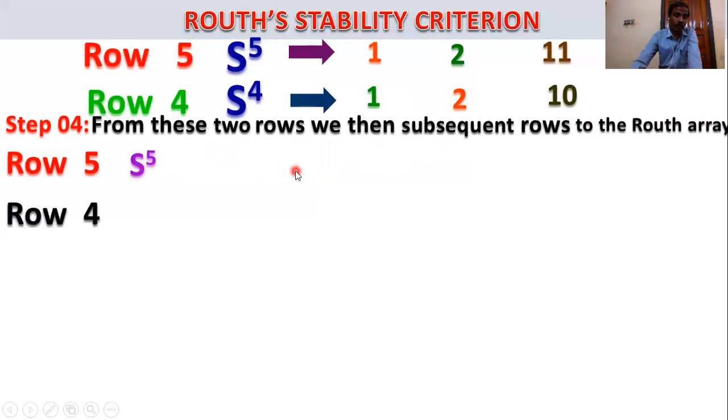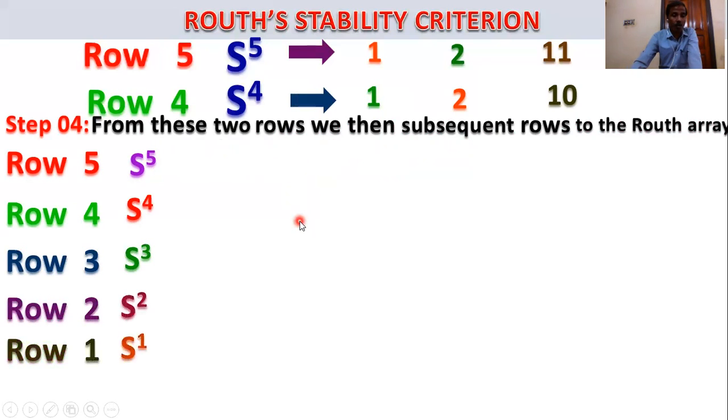Row 5 is s to the power 5, row 4 is s to the power 4, row 3 is s cubed, row 2 is s squared, row 1 is s to the power 1, row 0 is s to the power 0. For s to the power 5, write down 1, 2, and 11. Then for s to the power 4, 1, 2, and 10.